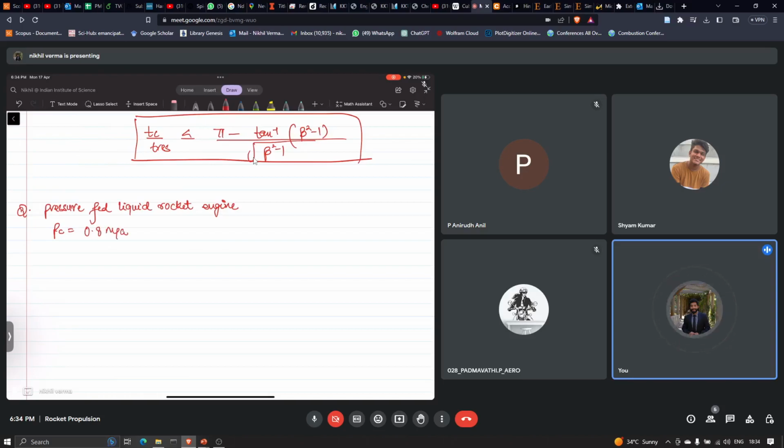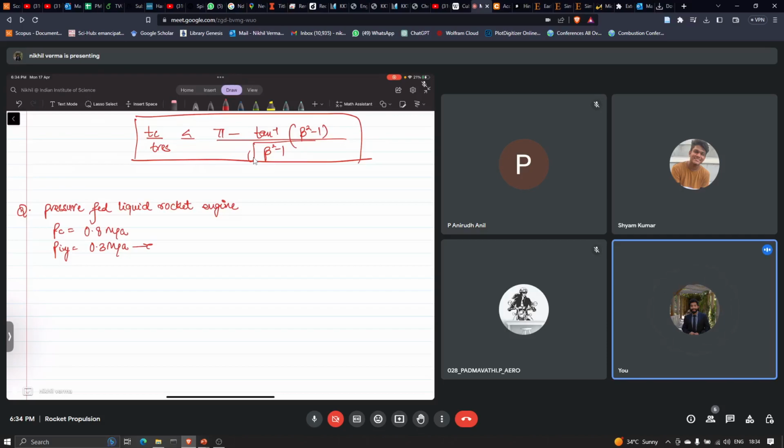The pressure drop across the injector is given as 0.3 MPa.